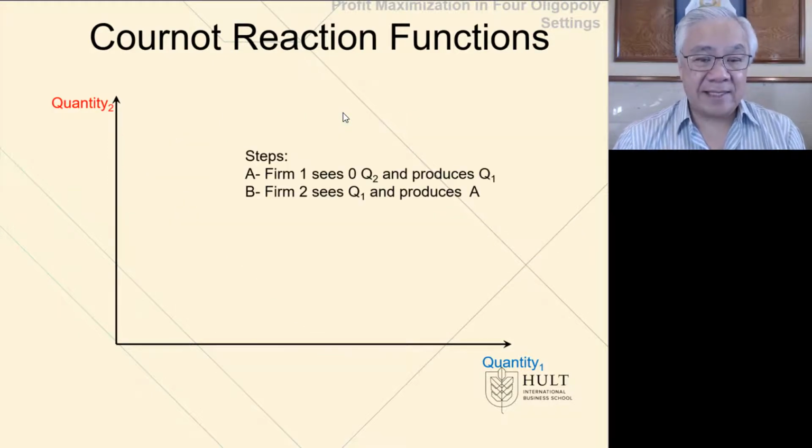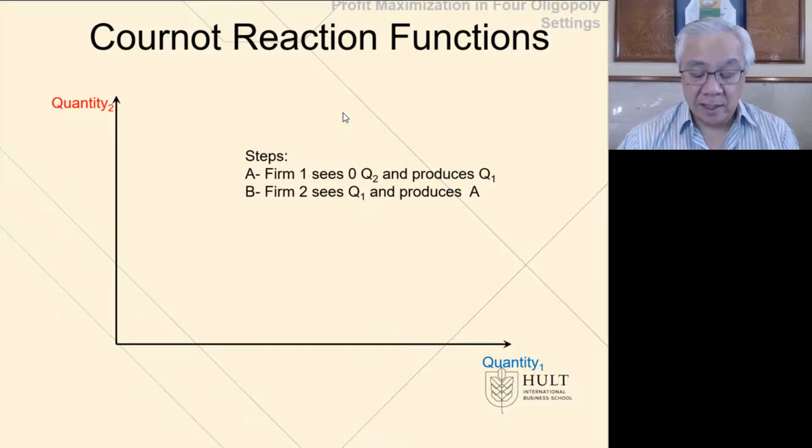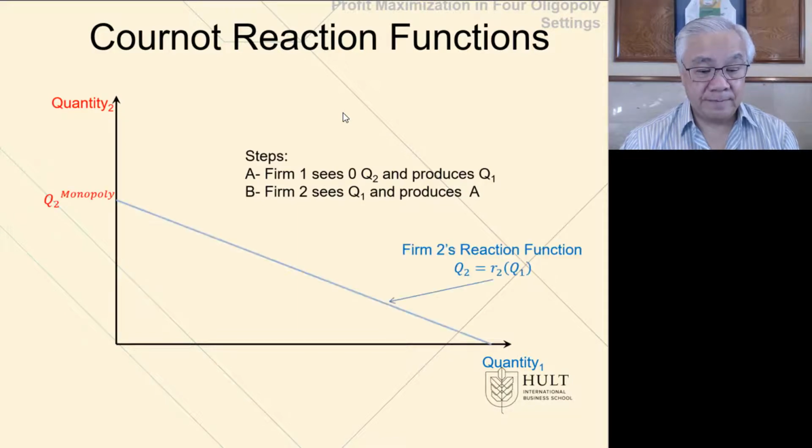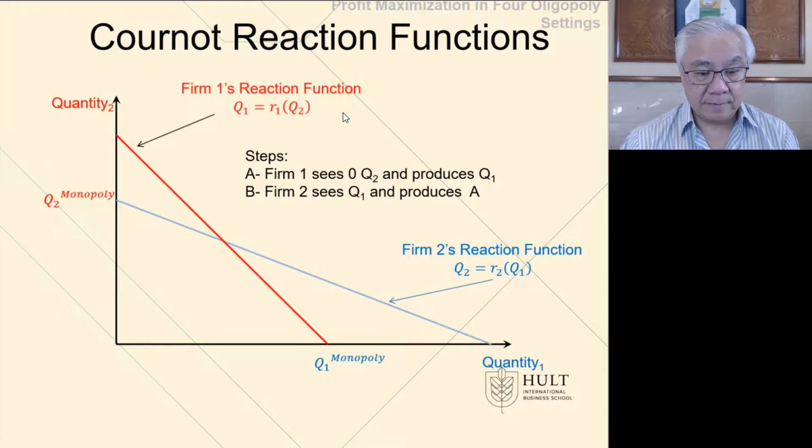So let's start the dance. The dance just starts anywhere, doesn't matter because the equilibrium will be reached. So firm 1 will see 0 from Q2 and produces at their monopoly price. So that represents this quantity, but the story just begins there.